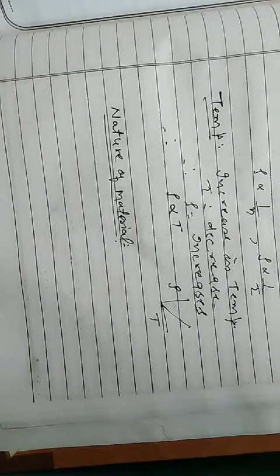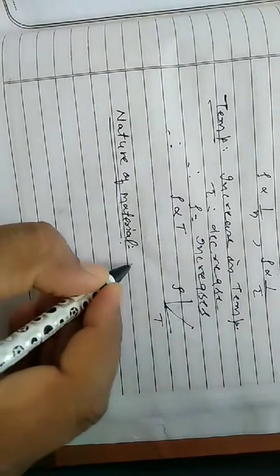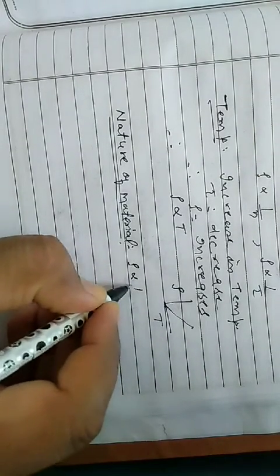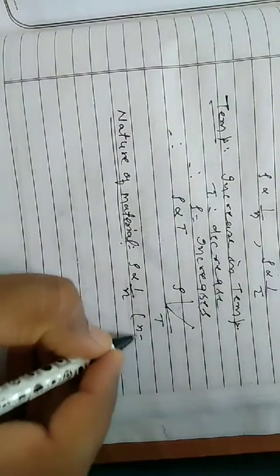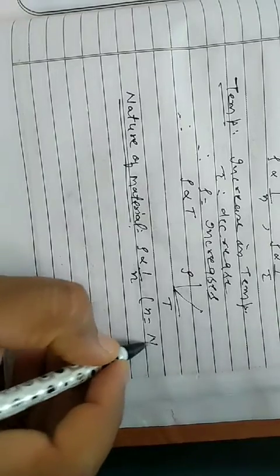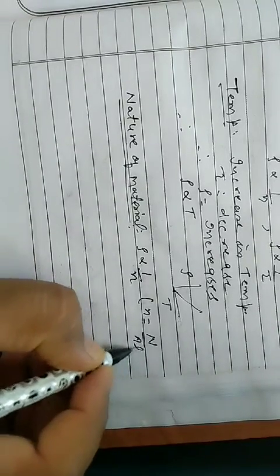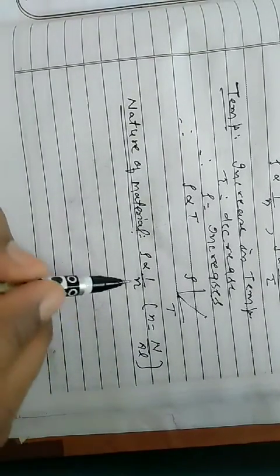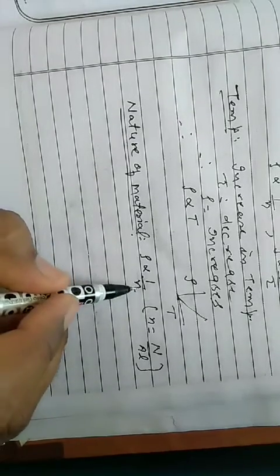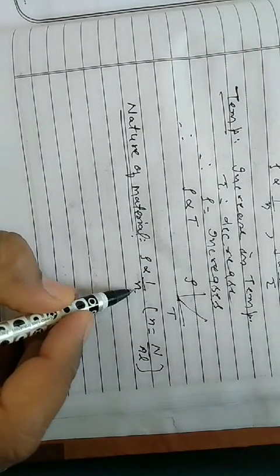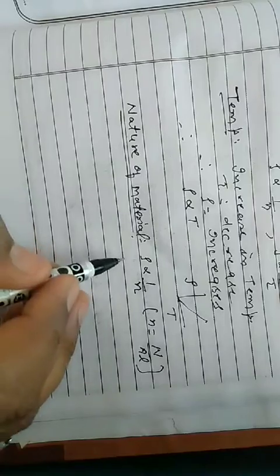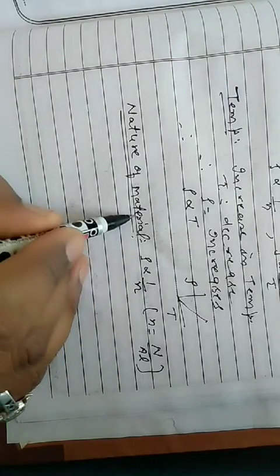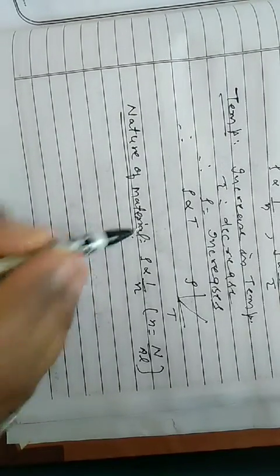Next, resistivity depends upon the nature of the material. Here, resistivity is inversely proportional to the number of ions per unit volume. Here small n is what we have written in the starting as capital N upon volume, that is area into length. Different materials have different numbers of ions. Therefore, resistivity only depends upon the nature of the material.